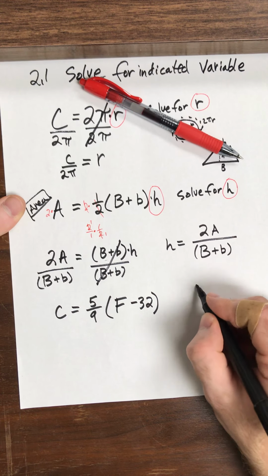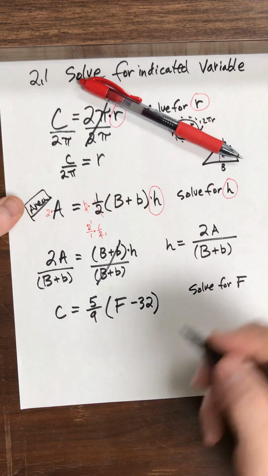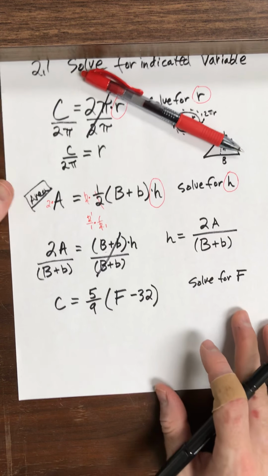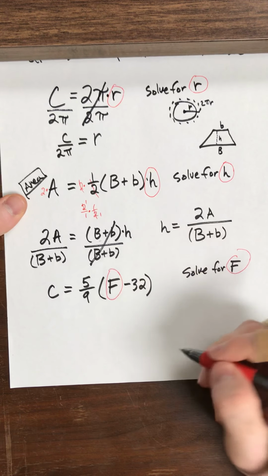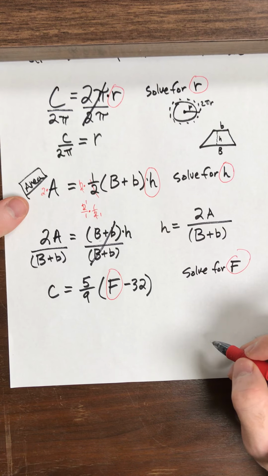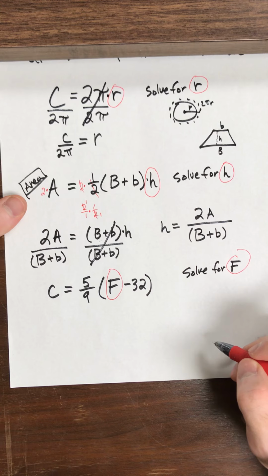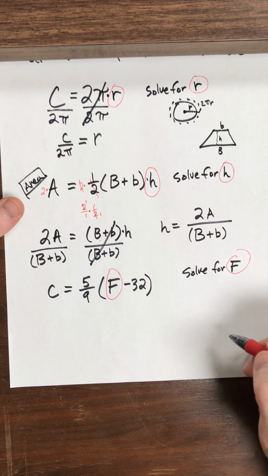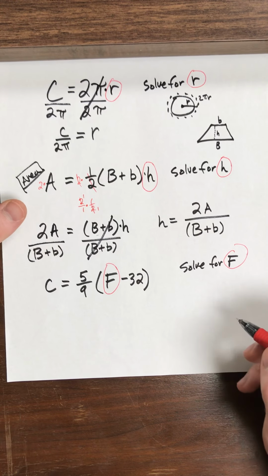We would need to solve for f, okay? So looking at the other side of the equation, I'm looking for f, I circle it, okay? Maybe it is good for us to distribute here. Maybe not, okay?